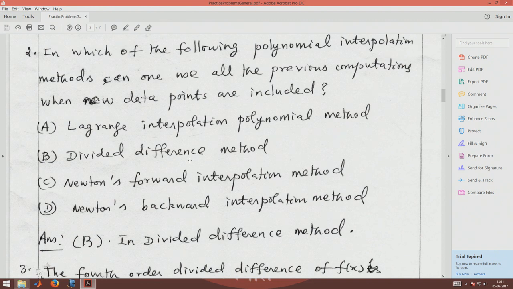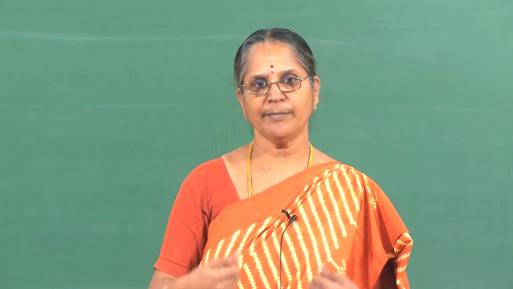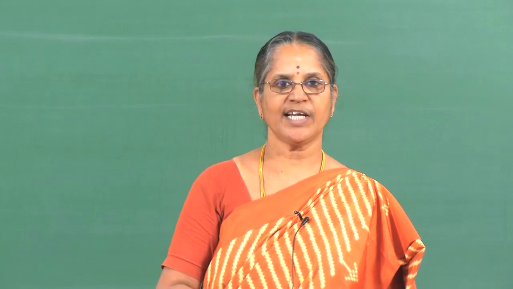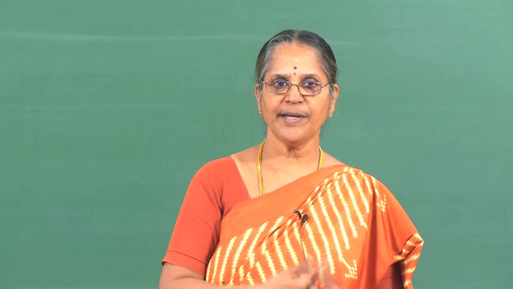But now suddenly I have another information coming about this function. So, another point and the value of the function at that point is given. Now, I have 4 points. So, I can get an interpolating polynomial of degree 3 which I call as P3. Then what is P3?